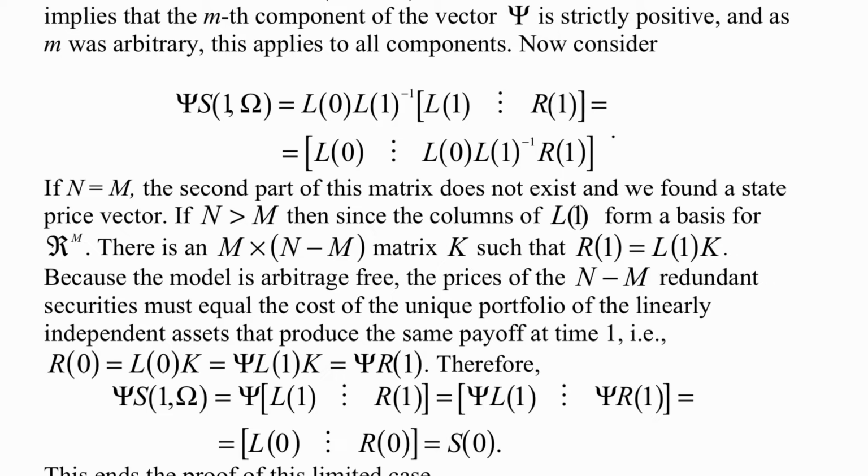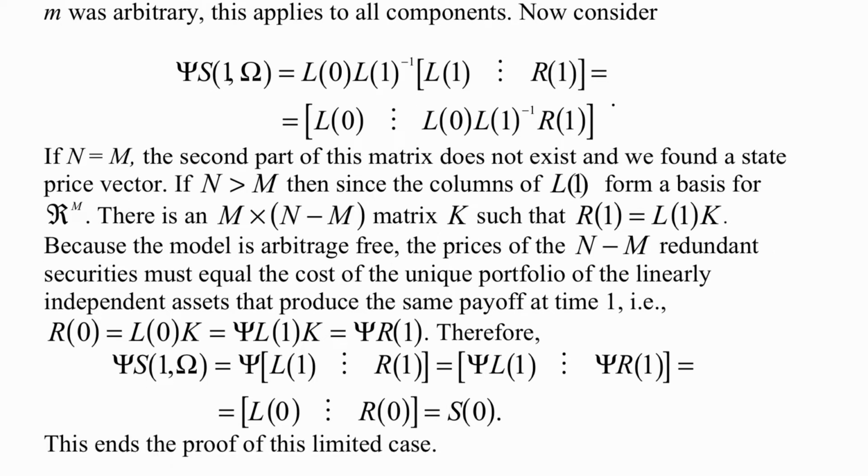If n is m, the second part of this matrix does not exist, and we have found the state price vector. If n is more than m, then since the columns of L1 form a basis for this m-dimensional vector space, there is an m by n minus m matrix K such that R1 is L1 times K. Because the model is arbitrage-free, the prices of the n minus m redundant securities, those in the R part that follows L, must equal the cost of the unique portfolio of the linearly independent assets that produces the same payoffs at time 1.